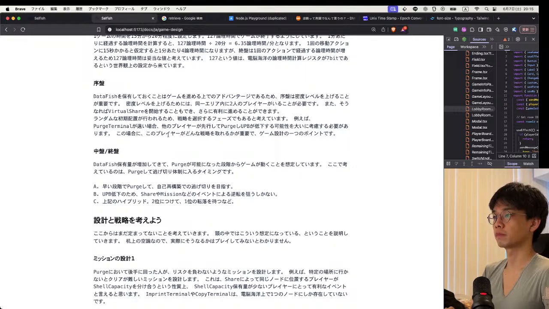In this situation, I think this player should have a lot of strategies. I think this is an important indicator of how interesting the game is.